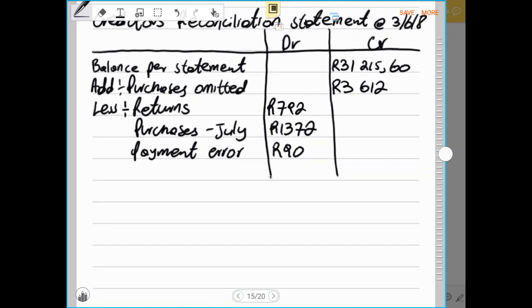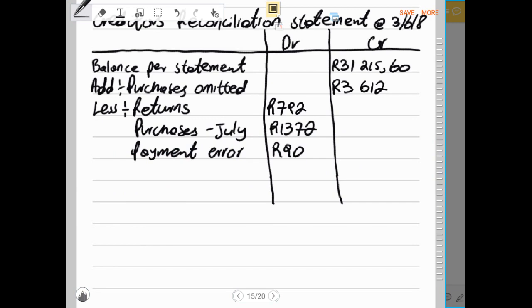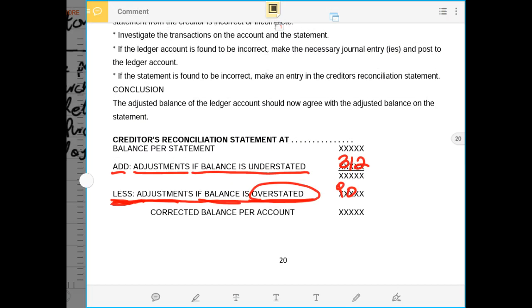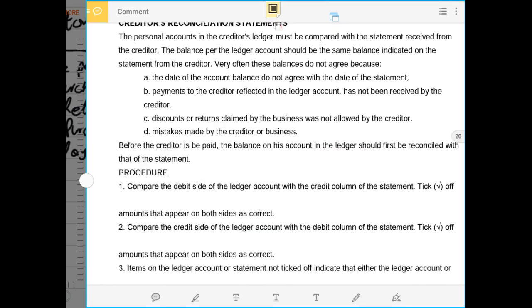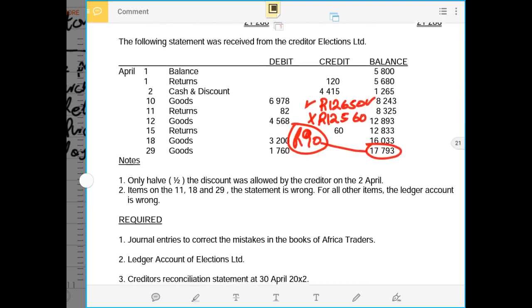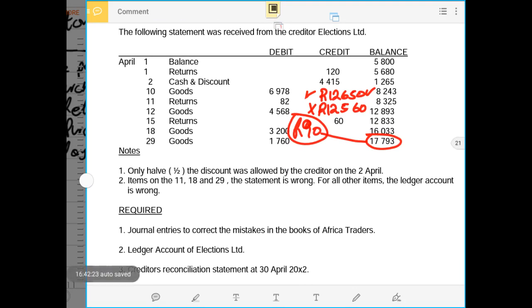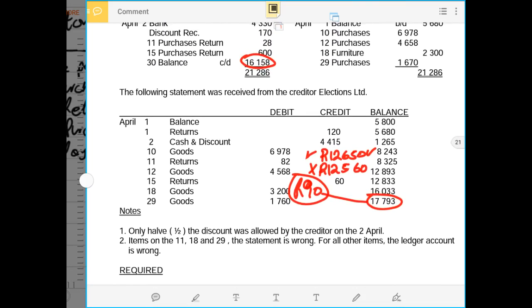So now we have captured the error of the payment that was done. Then now we go to the next entry once again. Let me again just do the last explanation with regard to the 90 rands if that is necessary.